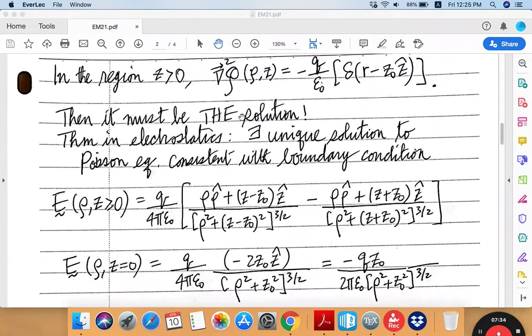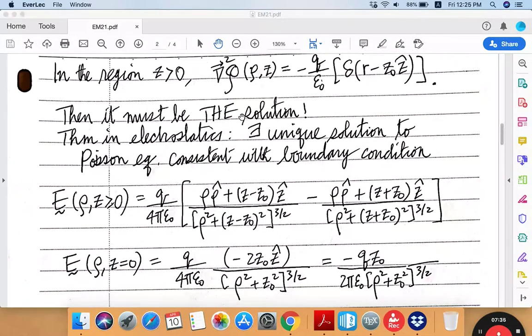And now, if a solution that you happen to come across satisfies the correct Poisson equation and also the correct boundary condition, then there's a theorem in electrostatics saying that whatever solution you happen to have come across, as long as it satisfies those two requirements, then that must be the unique and correct solution of the problem.